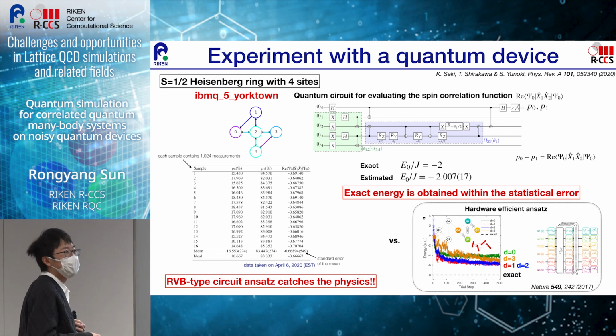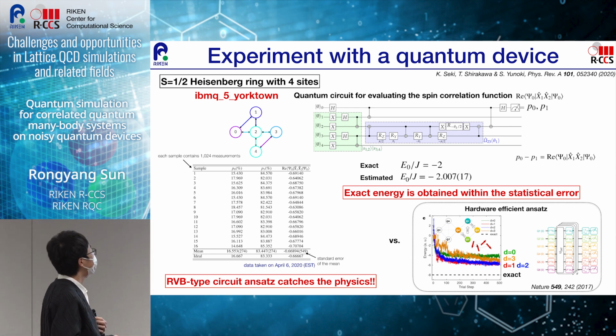So we can realize this circuit ansatz on a real device, just for a very small system. And we notice that using this E-swap circuit, we can actually achieve the exact energy within the statistical error.